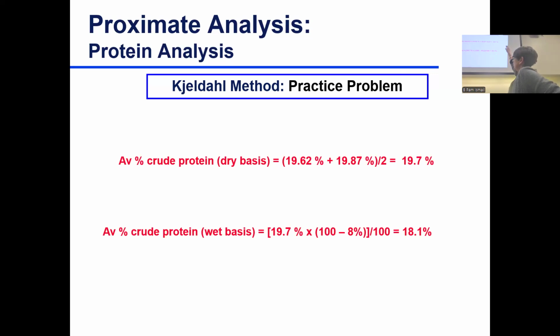So to make sure that you did that correctly, dry basis is always higher. The ratio to dry matter is always higher than the percentage on as-is basis. Have any questions? All right. Moving on. Good.